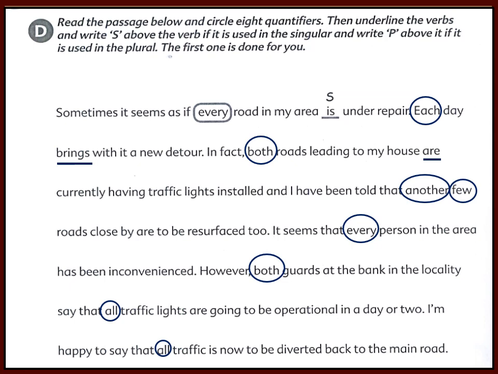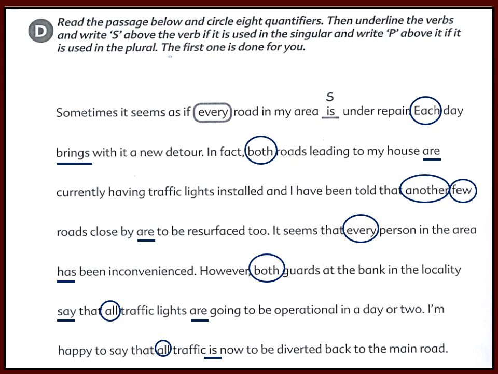Currently having traffic lights installed. And I have been told that roads close by are to be resurfaced too. It seems that every person in the area has been inconvenienced. Both guards at the bank in the locality say that all traffic lights are going to be operational in a day or two. I'm happy to say that all traffic is now to be diverted back to the main road, right? So I have underlined all the verbs here.